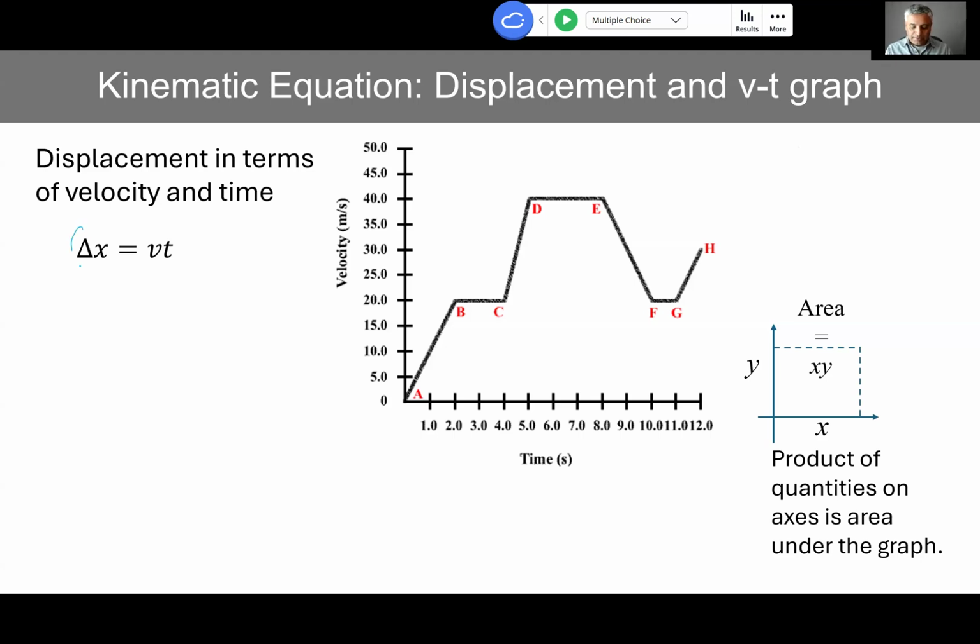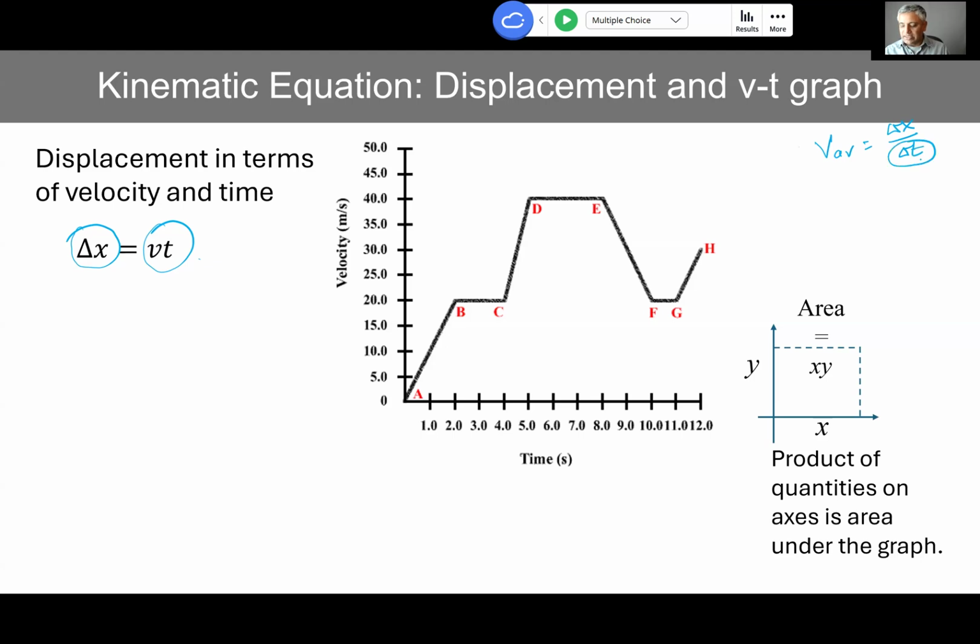We know displacement is the product of velocity and time. Here I am writing a bit loosely. I should be writing V average is displacement divided by, remember, this is the equation we know, the time interval.